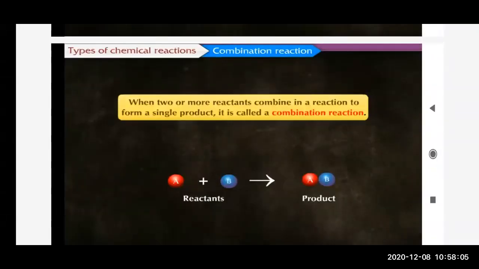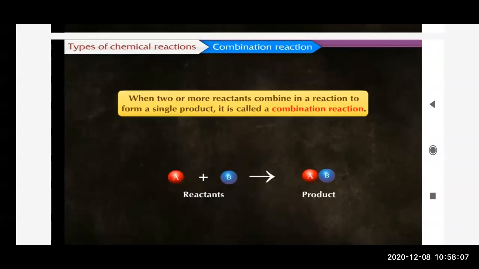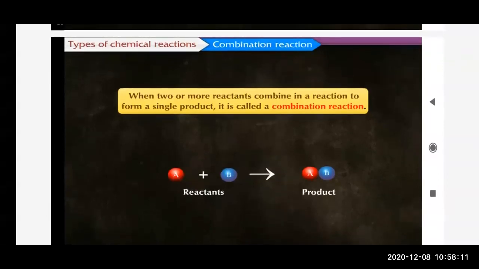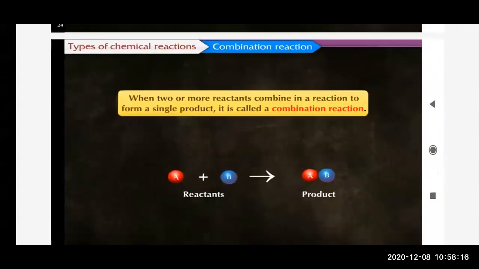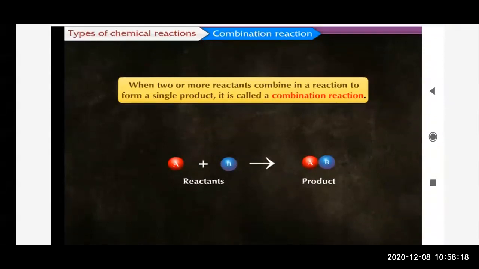When 2 or more reactants combine in a chemical reaction to form a single product, it is called a combination reaction. To remember this, you can remember that A plus B forms AB. Here A and B are the 2 reactants and AB is a single product, right?